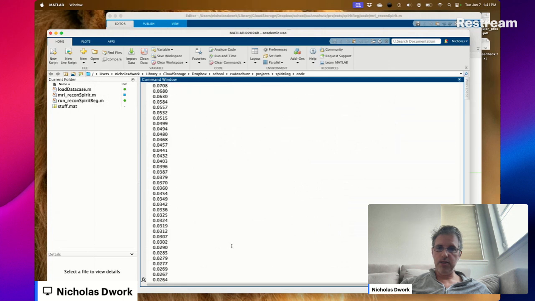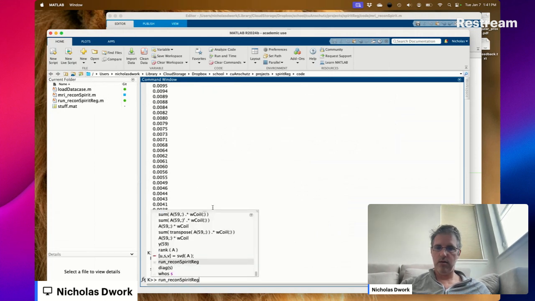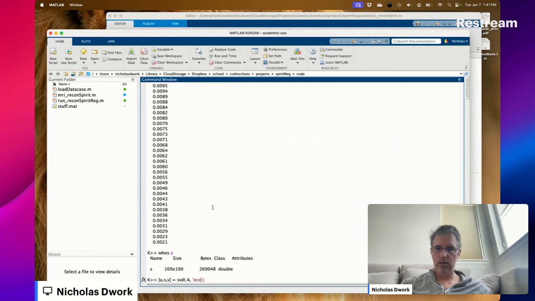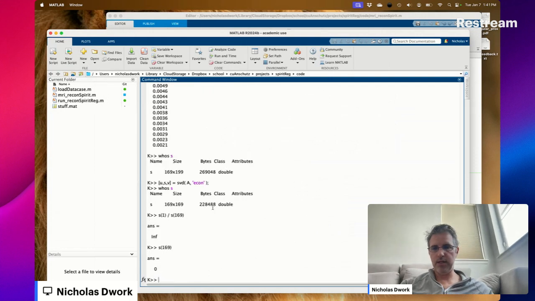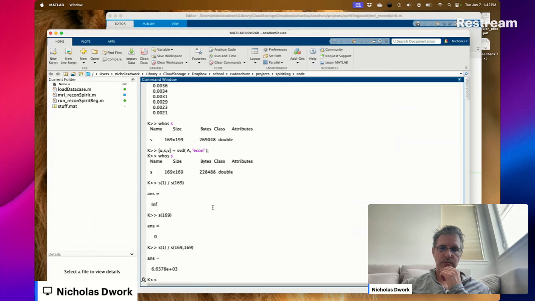So the largest singular value is 13. The lowest singular value is 0.002. So the condition number is like 6,000.